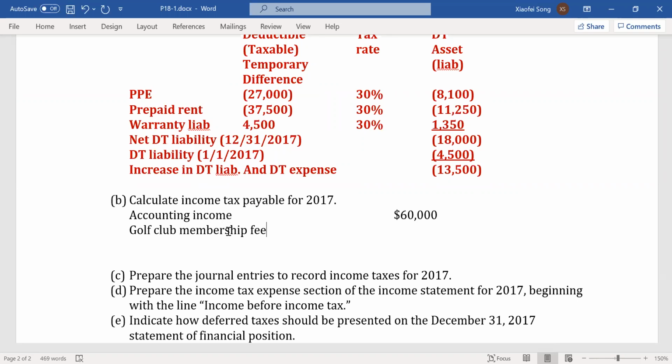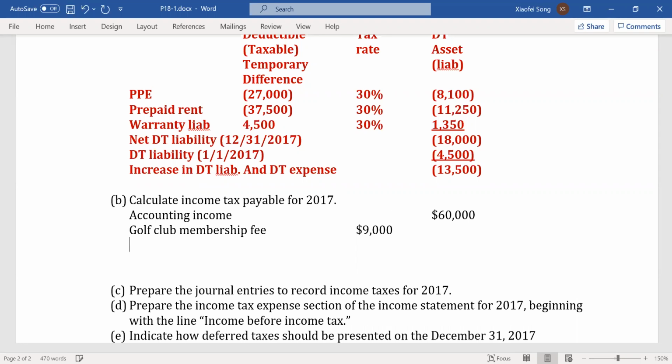Do we add or do we subtract? We add, right? Because the amount was subtracted to determine that 60,000, and you can't subtract it for tax purposes. So we'll add that golf membership, that's 9,000.